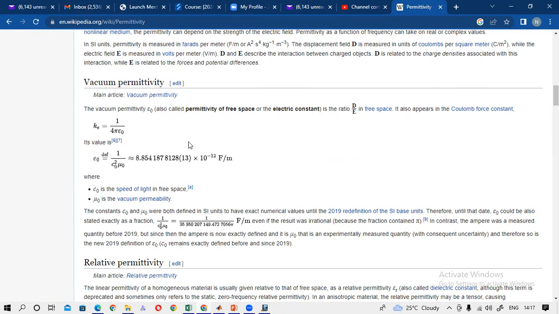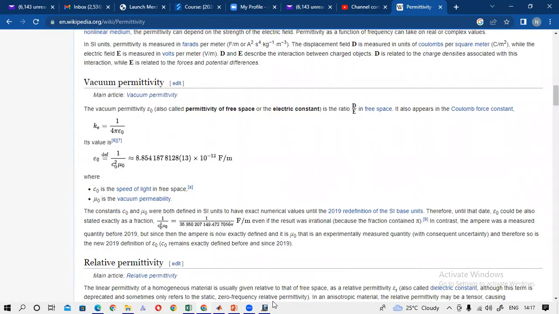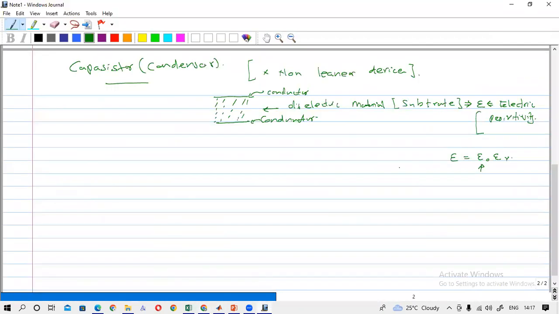The epsilon value for air is normally denoted as epsilon naught. It is a very small value. So this epsilon naught is the dielectric permittivity of air.